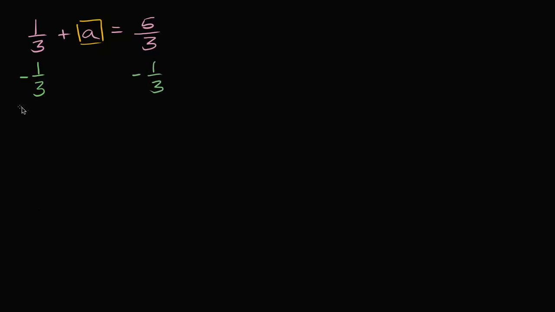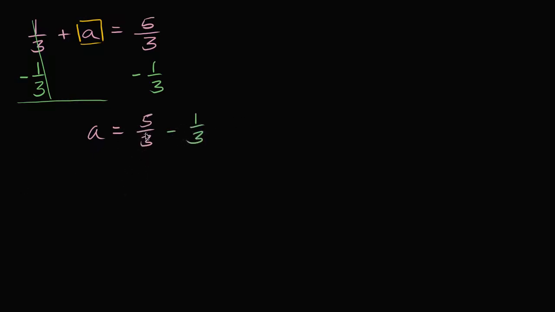And if I do that, then on the left-hand side, 1/3 minus 1/3, that's the whole reason why I subtracted 1/3, was to get rid of the 1/3. And I am left with a is equal to 5/3 minus 1/3. And what is that going to be equal to?